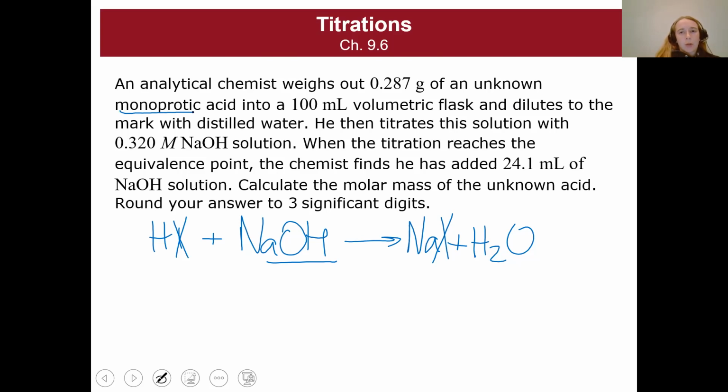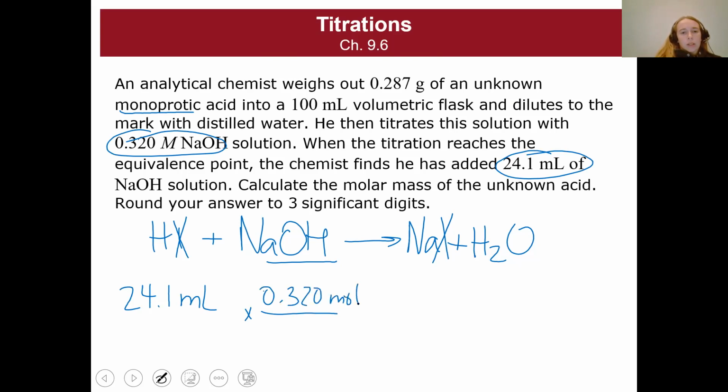Anywho, let's keep going. So we have a volume of sodium hydroxide and a concentration. That can get us to moles. So you start with volume, you use your conversion factor of concentration. So 24.1 milliliters. And we have our concentration, which is 0.320 moles over liters, because it's molarity. We need this one in liters. So again, I'm just going to move my decimal place over.